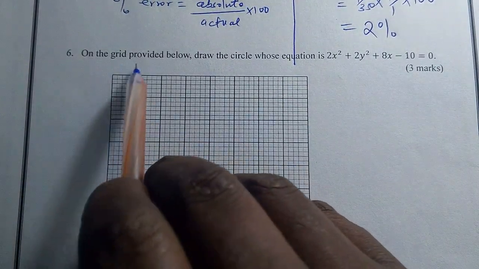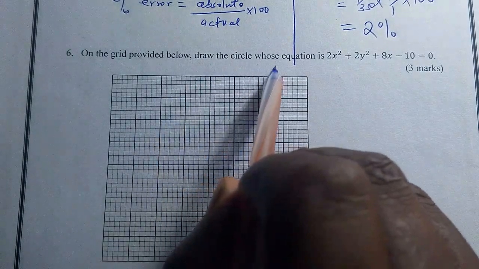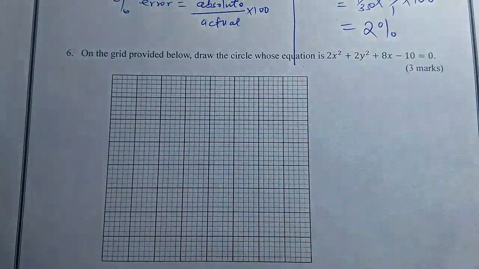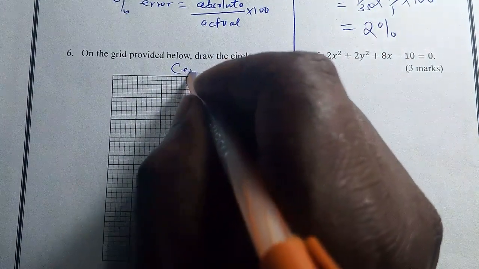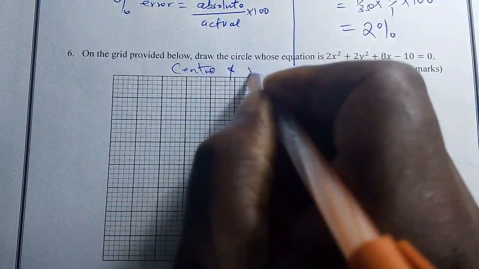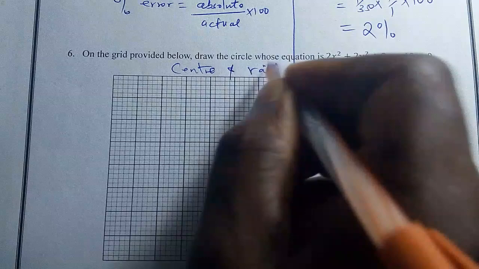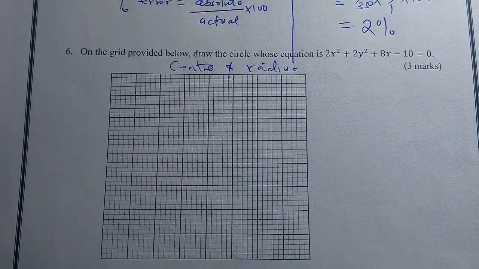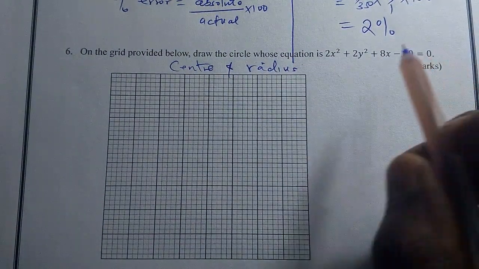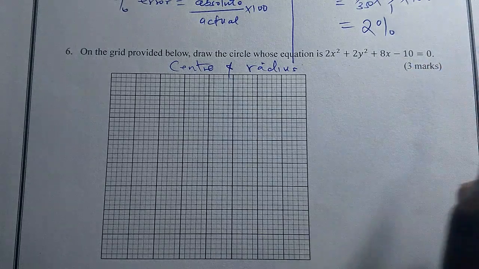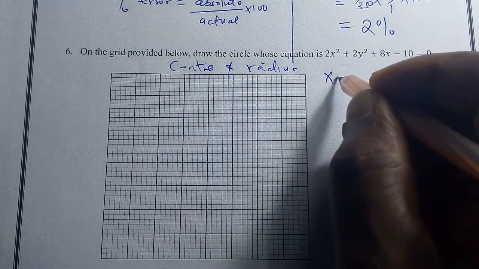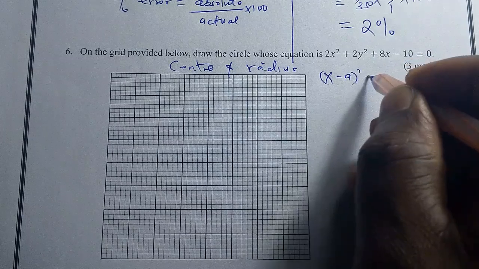On the grid provided below, draw the circle whose equation is this. For you to draw a circle, you need the center, and you need the radius. So first you need to get this. This is an equation of a circle, which is in the form of x minus a squared plus y minus b squared is equal to r squared.